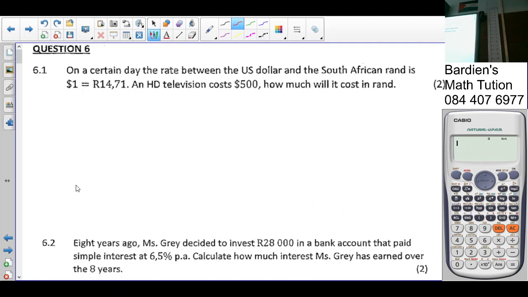So if $1 equals 14.71, then $500. How do we get from 1 to 500? I multiply. Remember, when we're busy with ratios, we either multiply or divide, one of the two. So I must multiply 14.71 by 500.